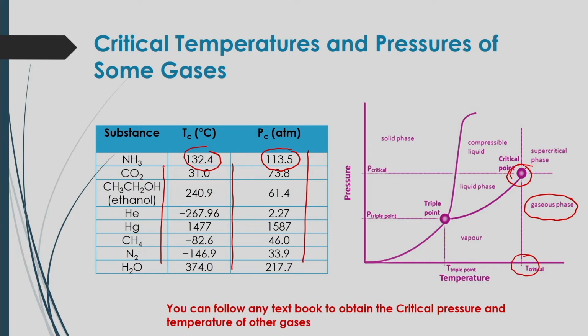Beyond this, the properties of the gas change drastically. This range of operating conditions of temperature and pressure is regarded as the supercritical condition, and the phase behavior is called supercritical phase behavior.